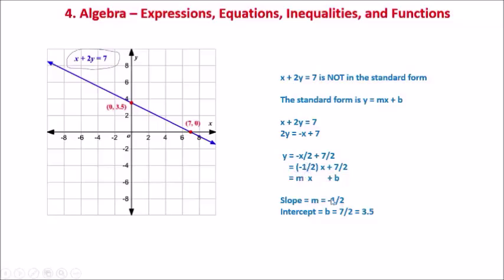M equals minus 1/2. B equals 7/2 or 3.5, right? So the slope of this line is minus 1/2. Intercept is 3.5 that you can see here. And it does make sense. Every time you need to check, I have minus 1/2.